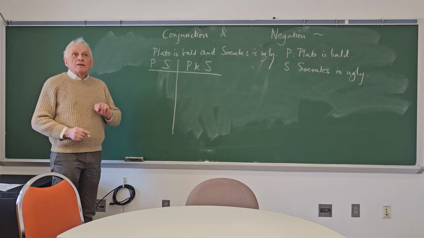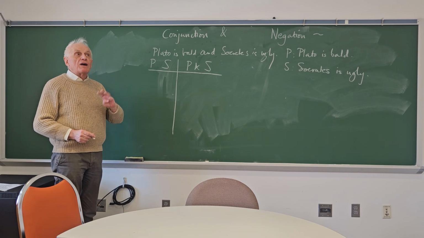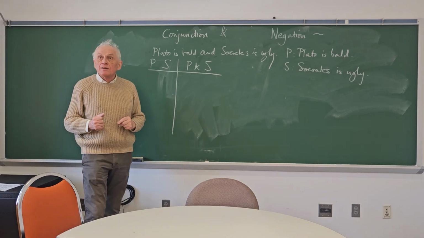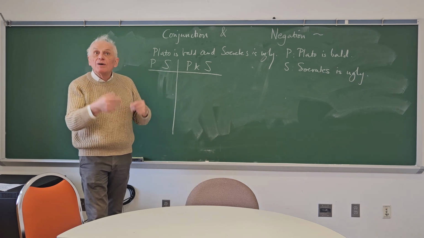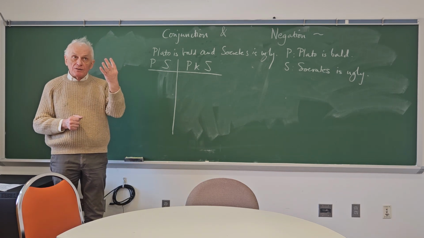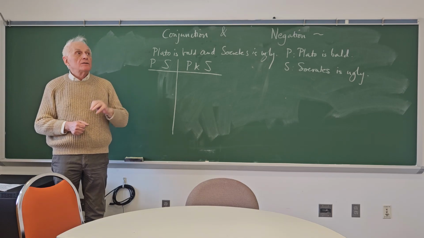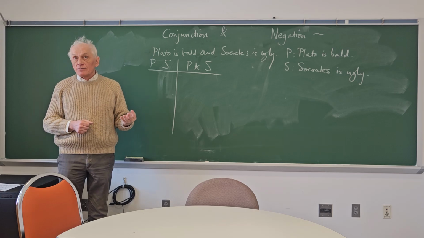And with 2 atomic sentences, there are 4 possible combinations of truth value, just like if you're tossing one coin, there's only 2 ways it can land, heads or tails. But if you toss one coin and then a second coin, there are 4 possibilities. You might get 2 heads, you might get a head and a tail, you might get a tail and a head, or you might get 2 tails.